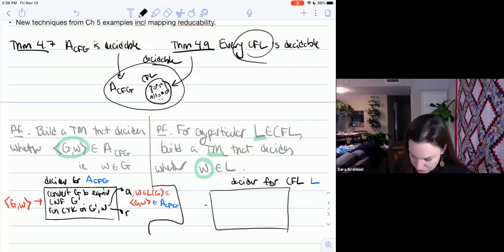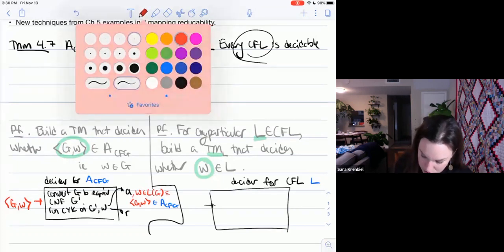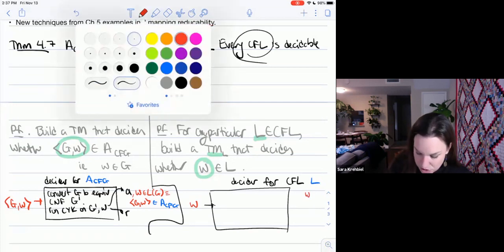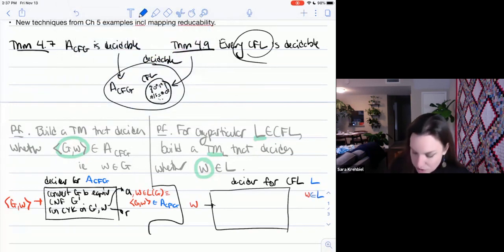The input to this problem should be a single W, and I want my accept to correspond to W being in the language. And I want my reject to correspond to W not being in the language.